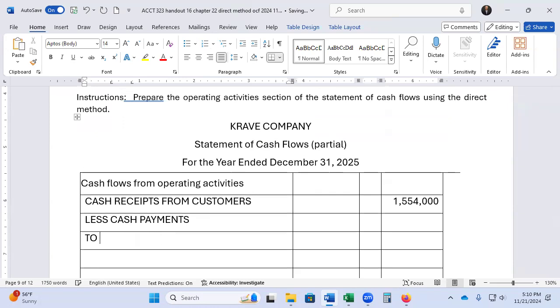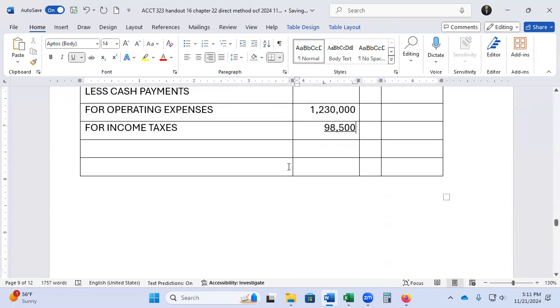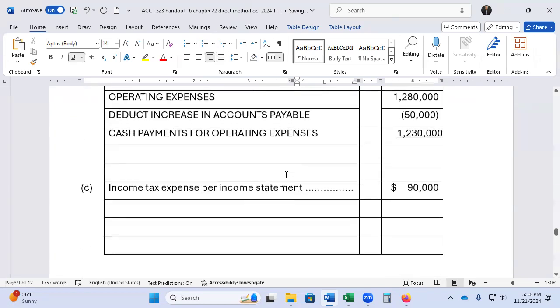This is operating expenses. So what do we come up with there? 1,230,000. Now the next one says for income taxes. And that's 98,500. And I'll show you how we get there.